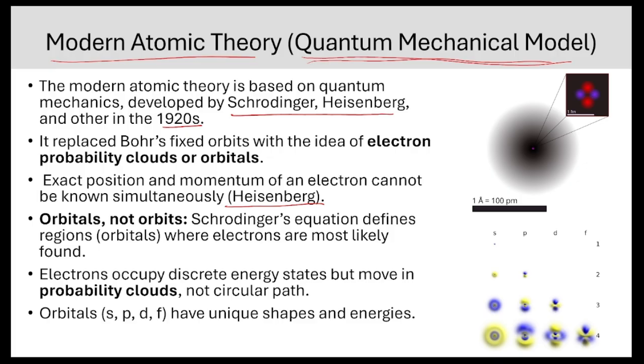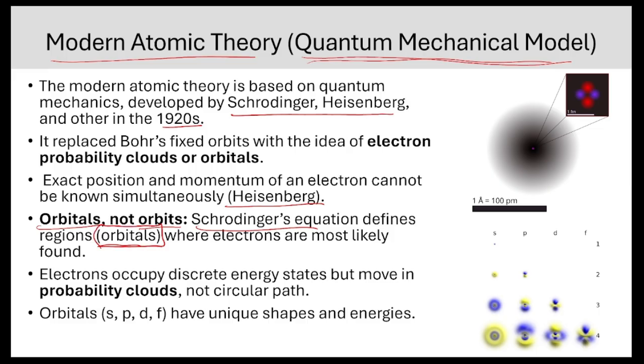So we cannot define a fixed orbit that the electron will take. And the second principle is the introduction of orbitals instead of orbits. Instead of a fixed path, Schrödinger proposed an equation that defines atomic orbitals. Now, instead of orbits, we have orbitals.